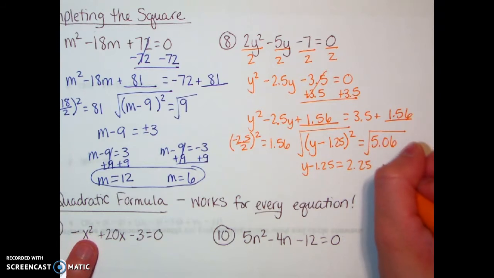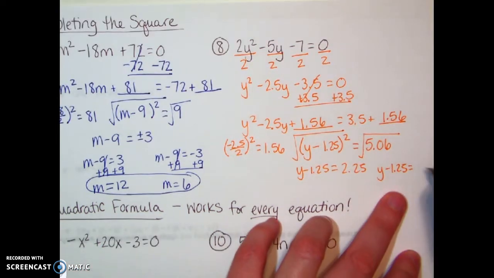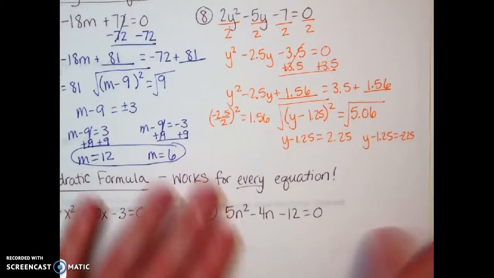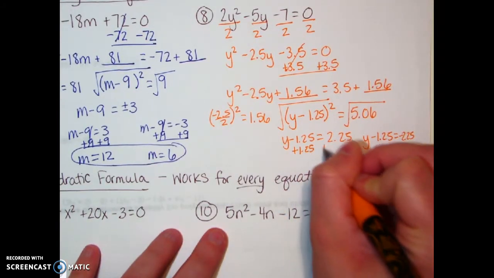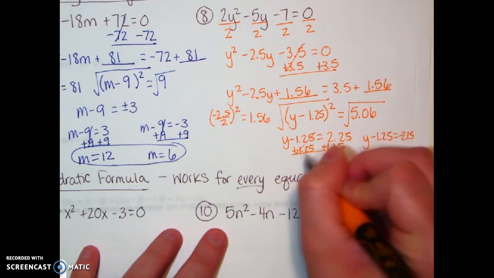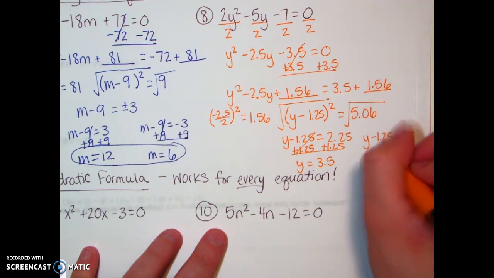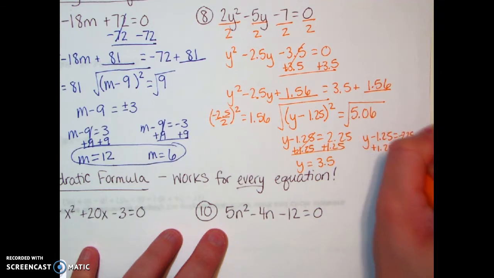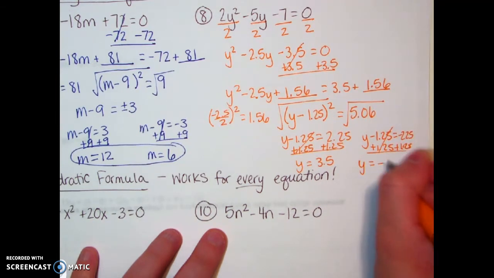And then y minus 1.25 equals a negative 2.25. Okay, then you solve it just by adding 1.25 to both sides in both of them. This becomes 3.5. And this one becomes negative 1.